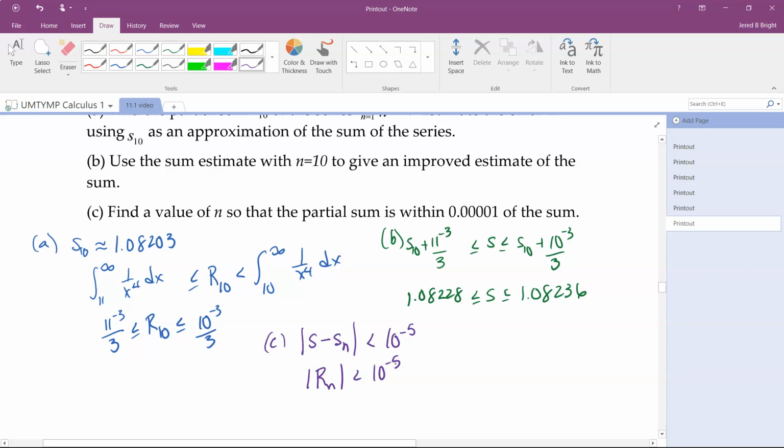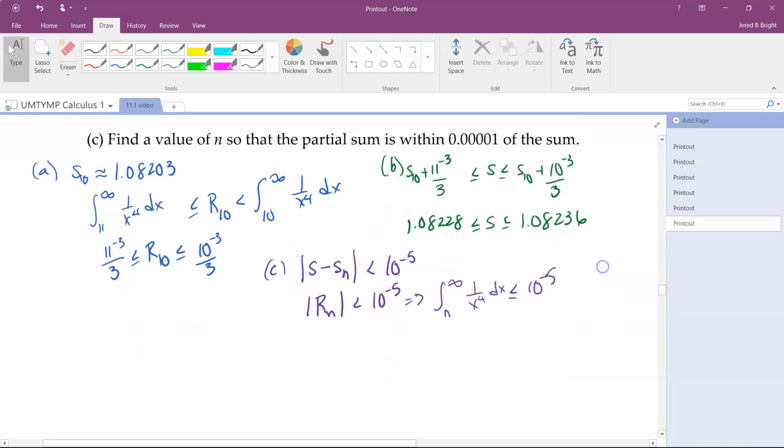Okay, and then we know that this means that on the upper end, we want to find the n such that the integral from n to infinity of 1 over x to the 4 dx is less than or equal to 10 to the minus 5.